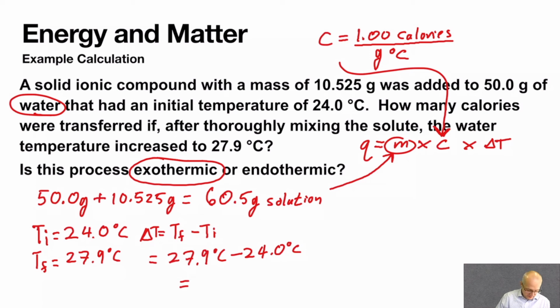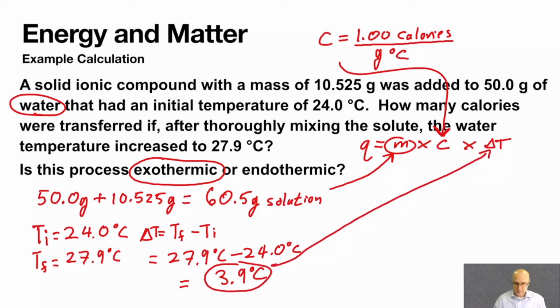All right, so let me bust out my handy dandy calculator again. So that's going to be 3.9 degrees Celsius. That's my delta T, and that's going to go here. That's the setup. That's how you put it all together.